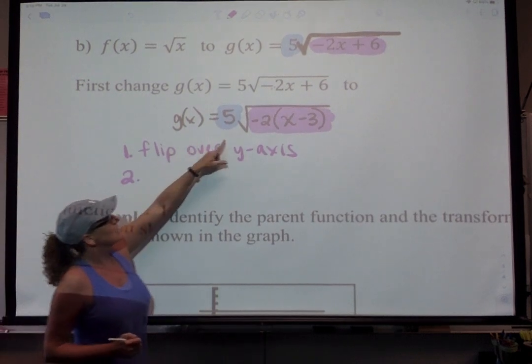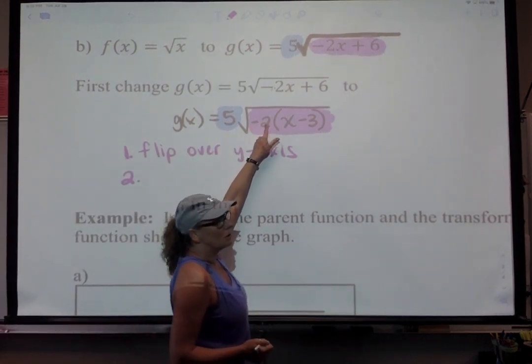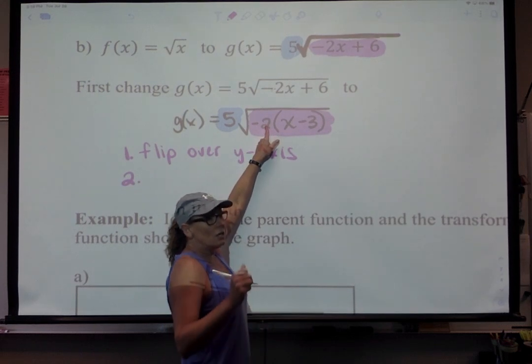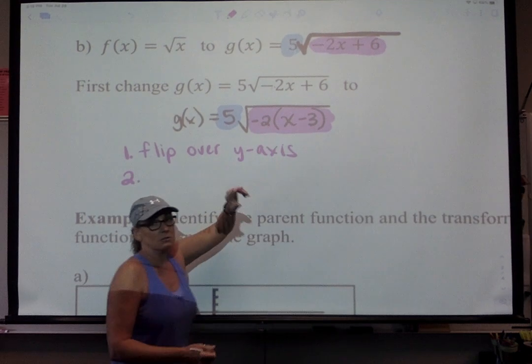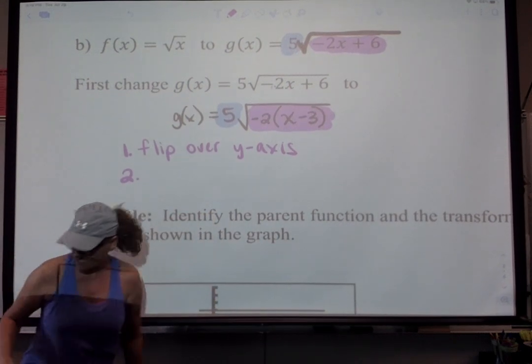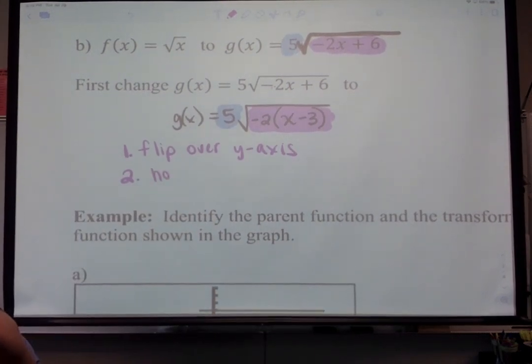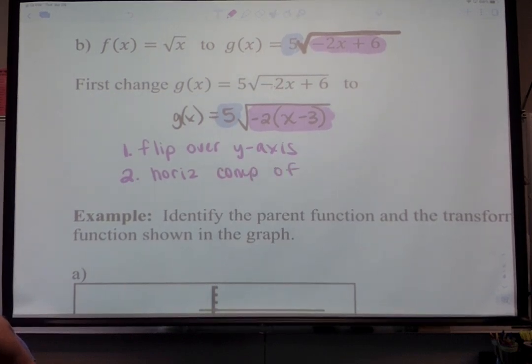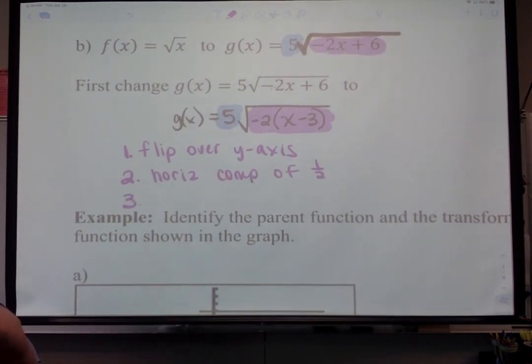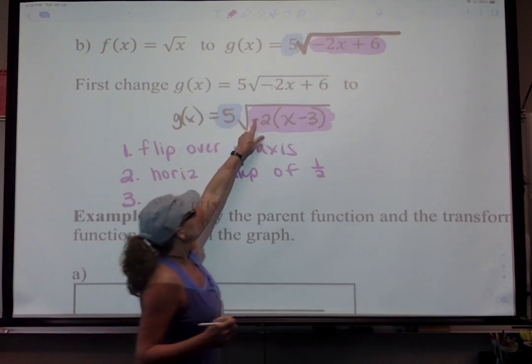Number 2, what's the next thing you encounter? A 2. That's a horizontal compression, 1/2. Horizontal compression of 1/2. And then, okay, check.